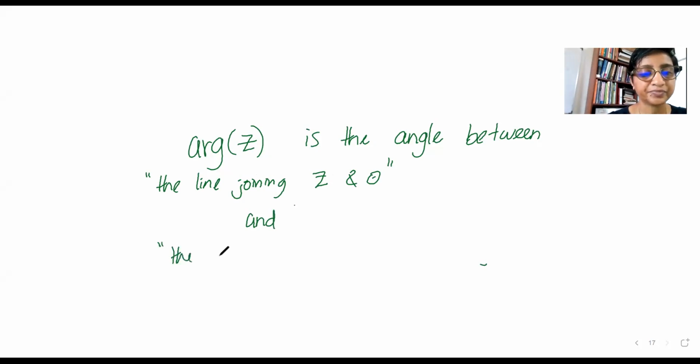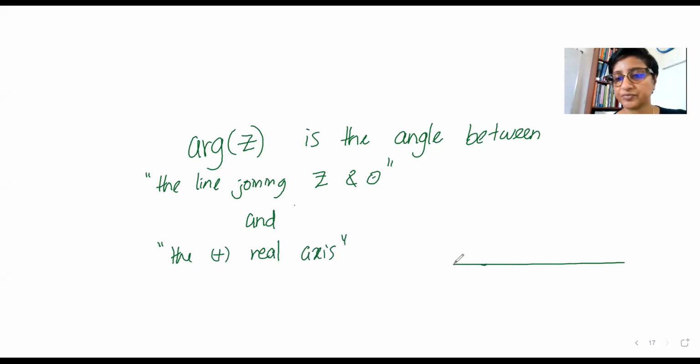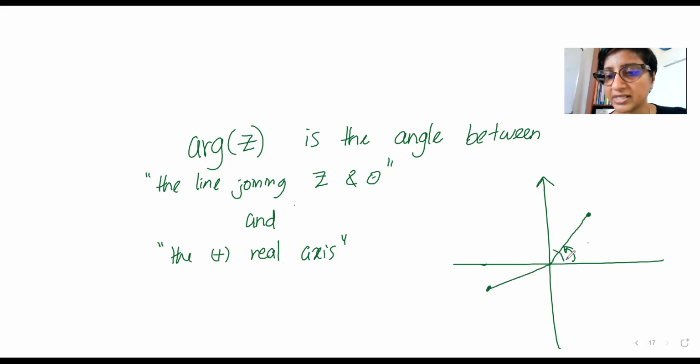and the positive real axis. So if you have a Z here, it's this angle. If you have a Z here, it's either this angle or you can go the negative way, as a negative angle or a positive angle.